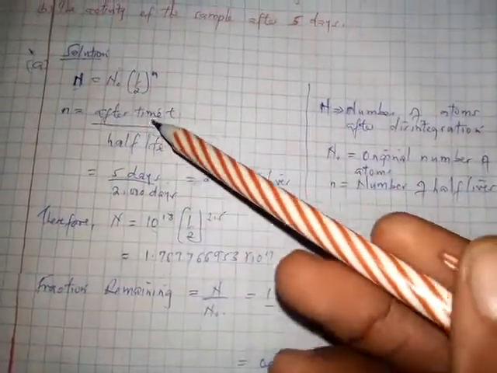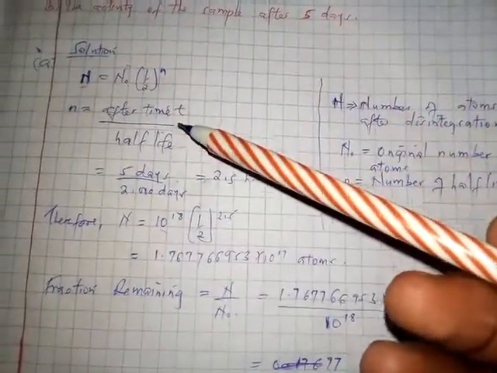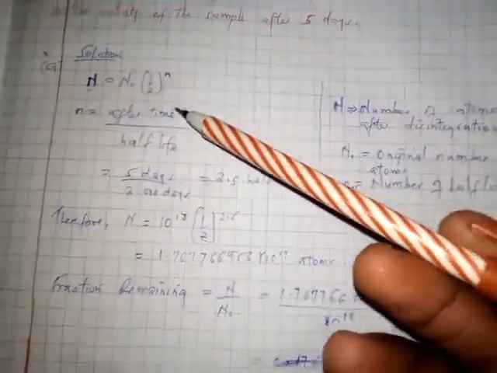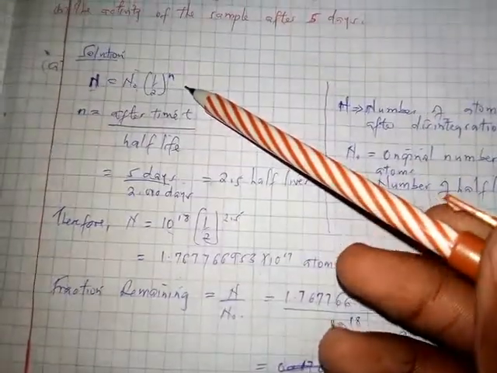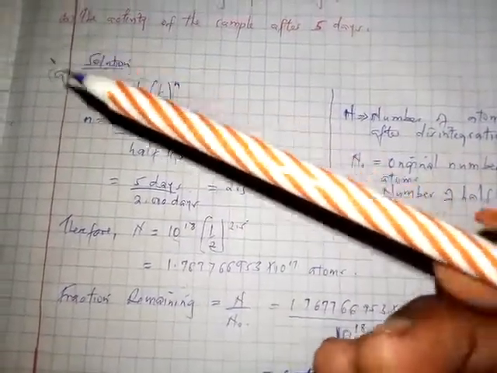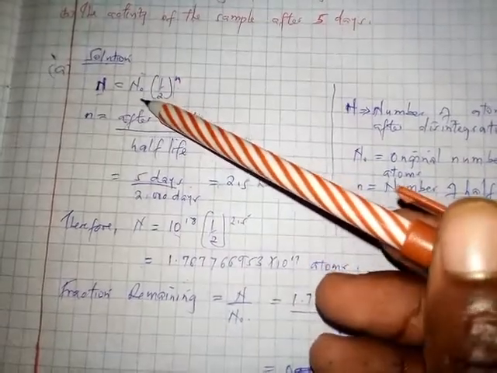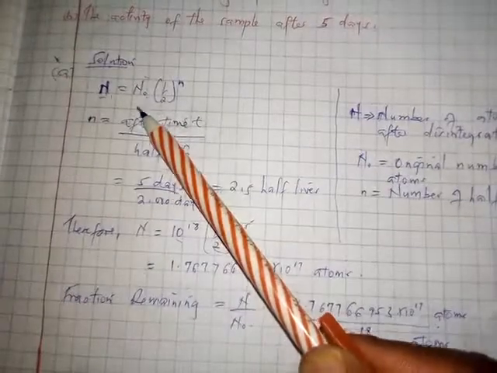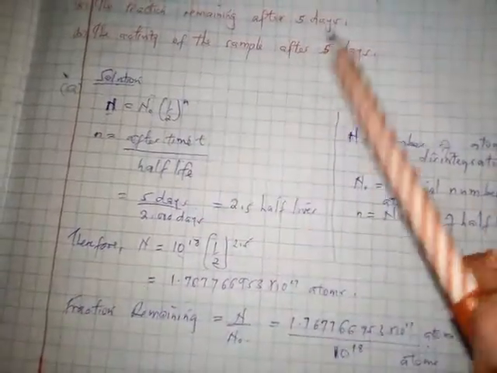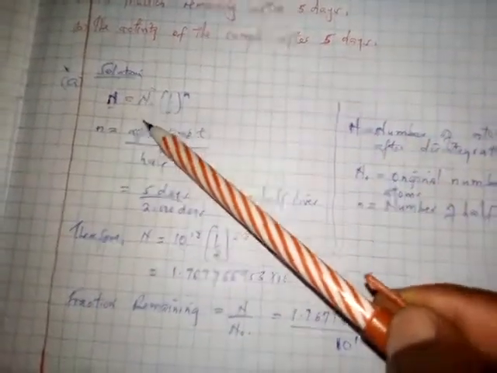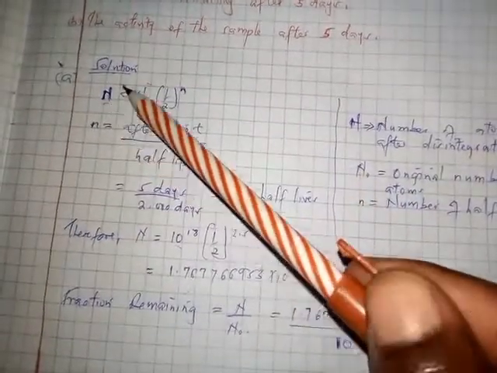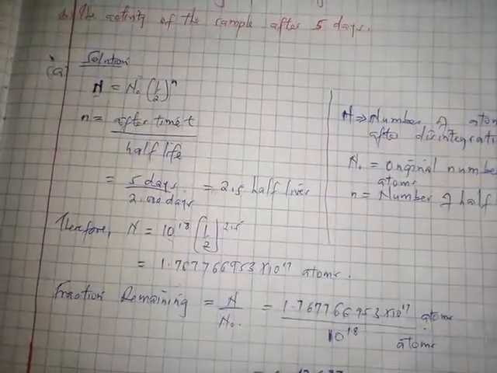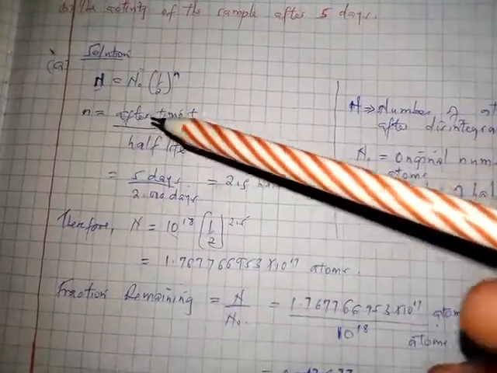To find the fraction, first of all, we find what's not given, provided we have the small n, the number of half-lives, the original number of atoms, like in our case we are dealing with atoms, and the number of atoms after decay.